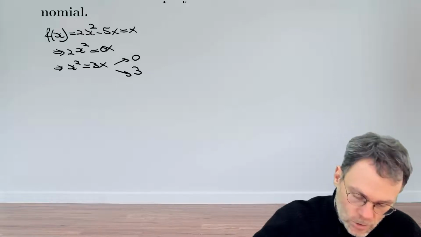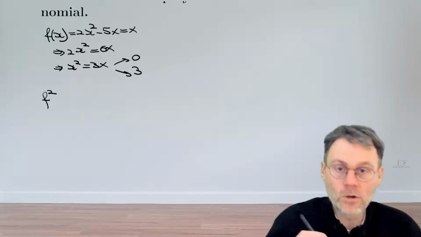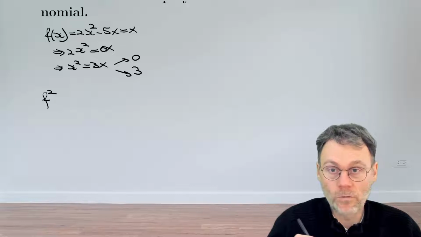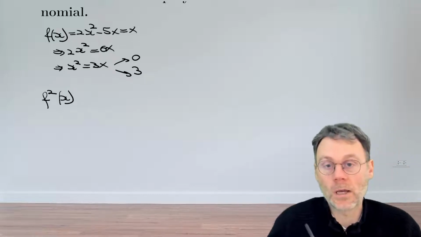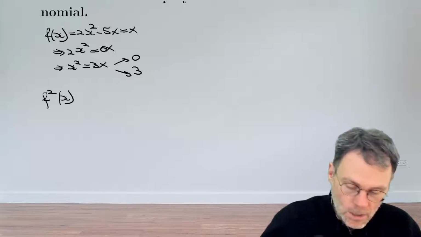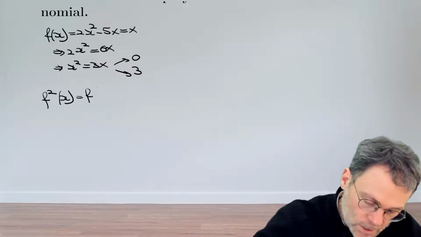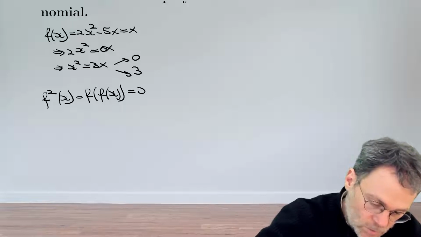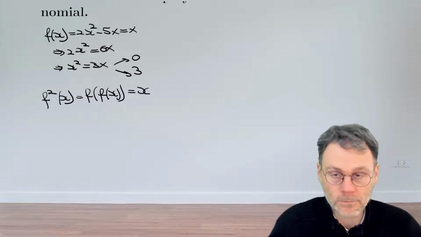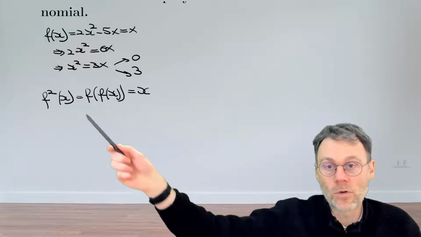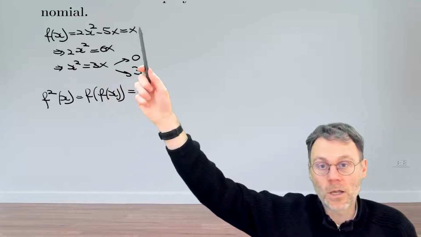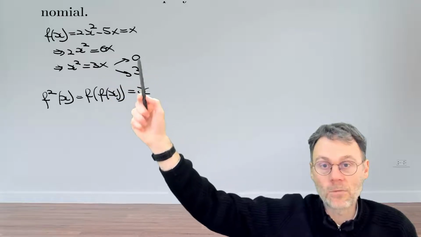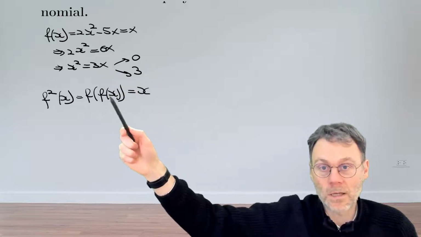Now moving on to trying to find the period 2 orbits. For that, we need to solve the equation f applied twice to x, giving us x. Now f applied twice to x is f of f of x, and that should be equal to x. In order to write the left-hand side, we start from our original equation f of x, but every time we see an x, we replace that x by f of x.